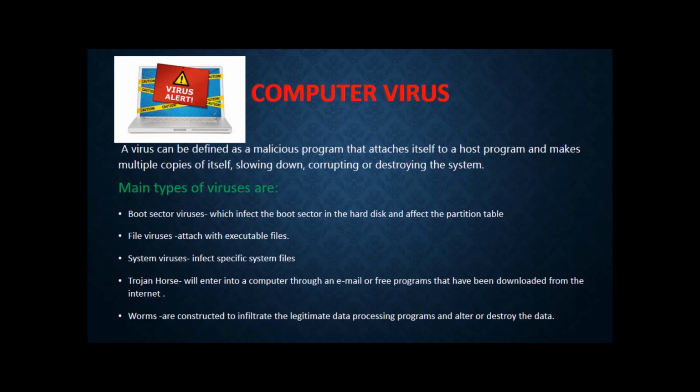And worms are constructed to infiltrate the legitimate data processing programs and alter or destroy the data. There are many more, but those are the ones that we're looking at right now.